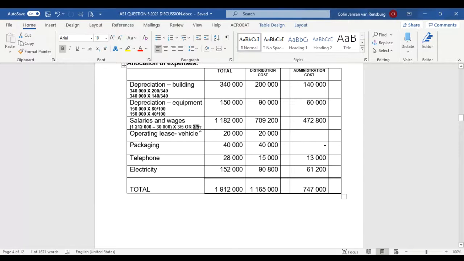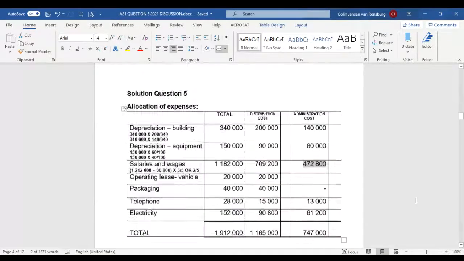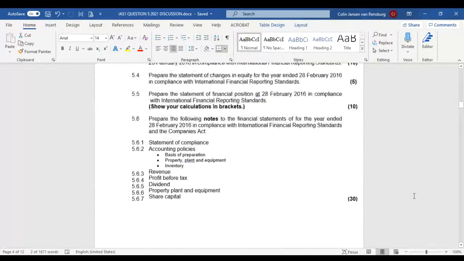So you take your little ratio, 2/5 multiplied by the amount that you are allocating of 1,182,000. That gives you 472,800. Okay, ladies and gentlemen, so far so good.